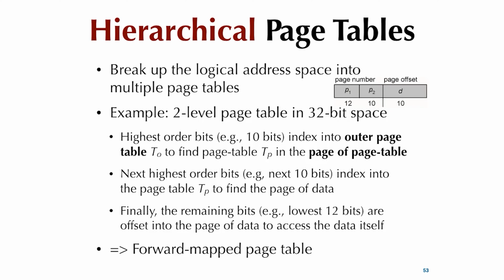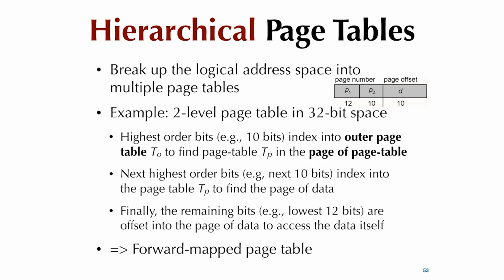So the way this works is the number of bits for the inner page table is really defined by the page size divided by the entry size, right? Because the outer page table needs to map the upper bits to an inner table, but the inner table is not of arbitrary size. The inner table must fit within the page, right?